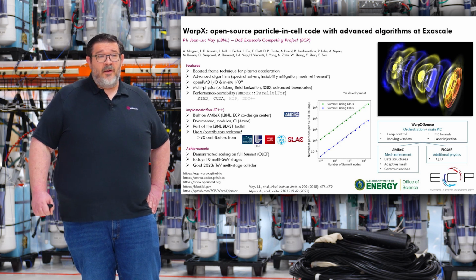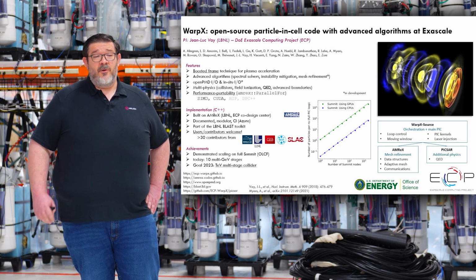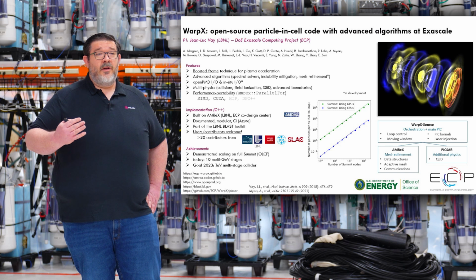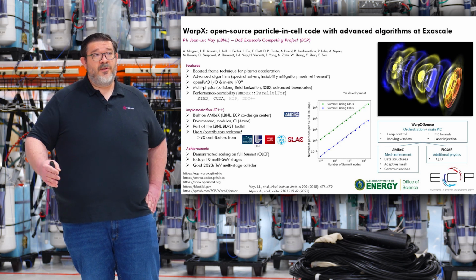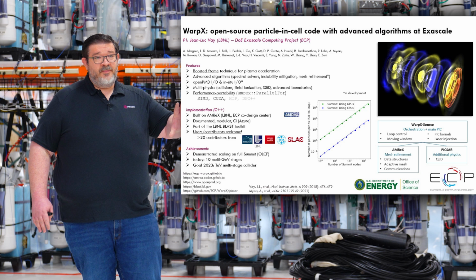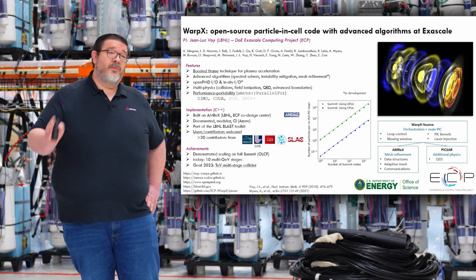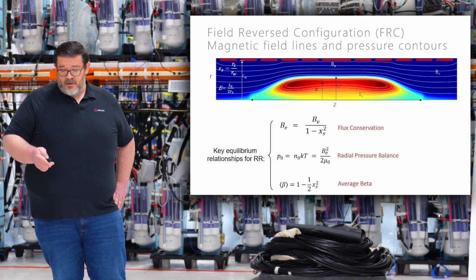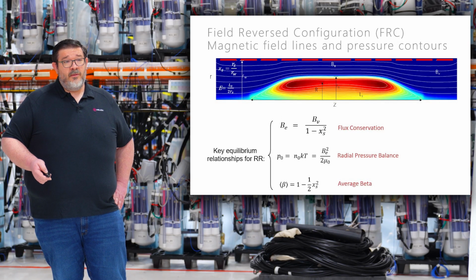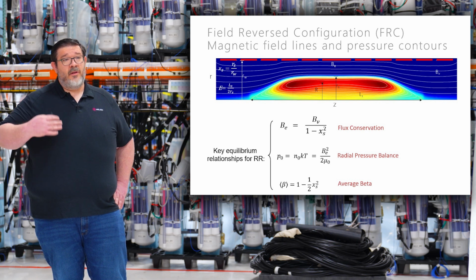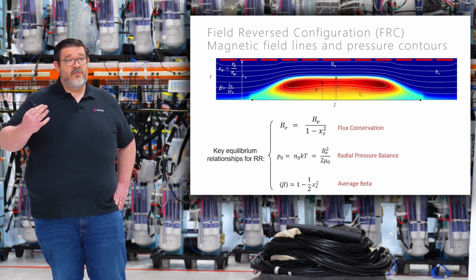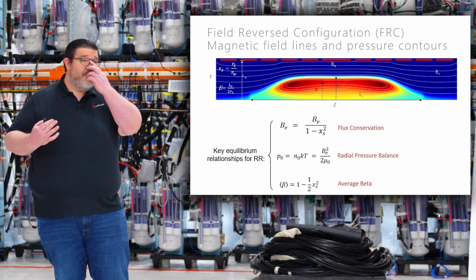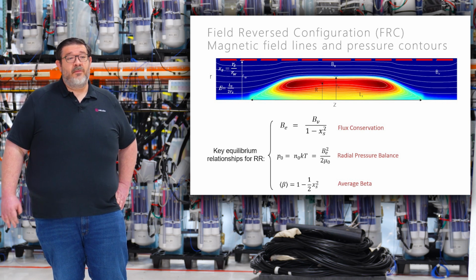We are collaborating with a group at Lawrence Berkeley National Lab and the High Performance Software Foundation to develop WarpX. We are adding a lot of physics and capabilities, and we're co-developing this so-called hybrid solver in there.